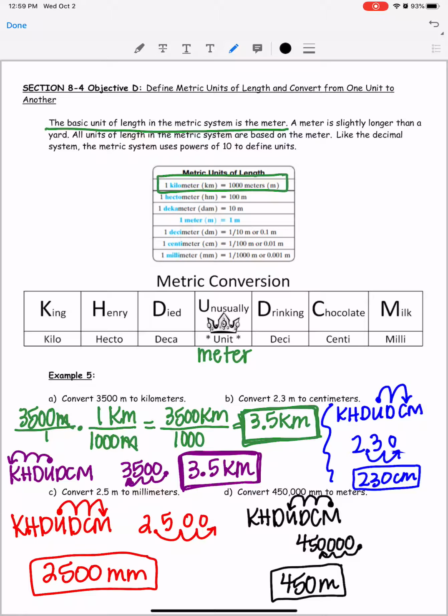Okay, it's just a matter of moving that decimal, and that is literally it. And if you notice, when I move this, I put that arrow here so that I know what direction I am moving that decimal, whether it's to the left or to the right. So you might want to use that to help yourself. So these were our examples over length.